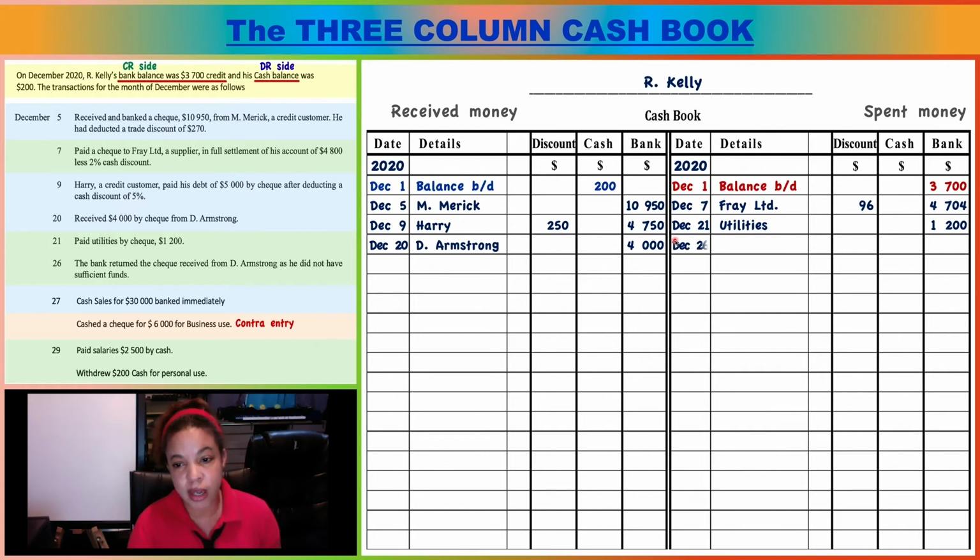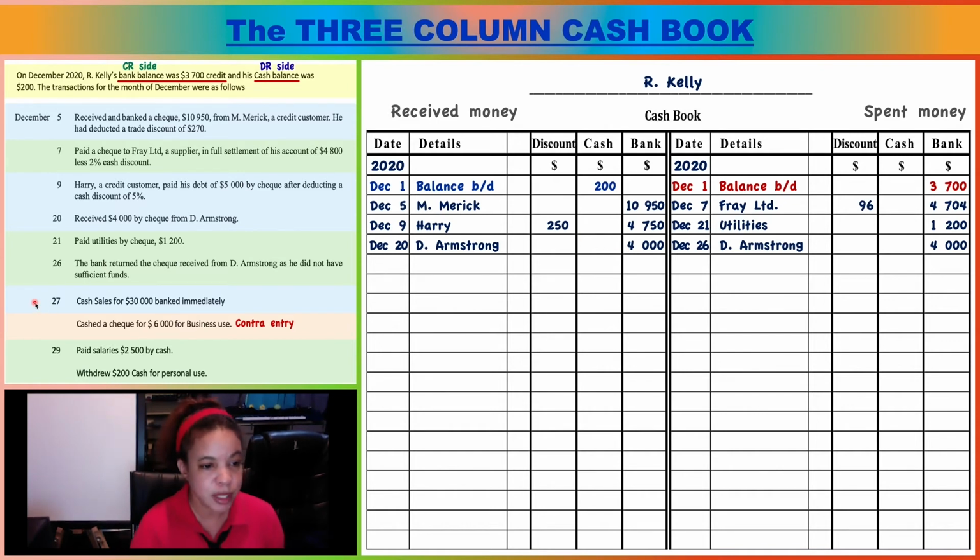So when it was the 26th, D. Armstrong's check, $4,000. So we have just taken it out or decreased the amount in our bank account because we did not actually receive this 4,000, dishonored check.